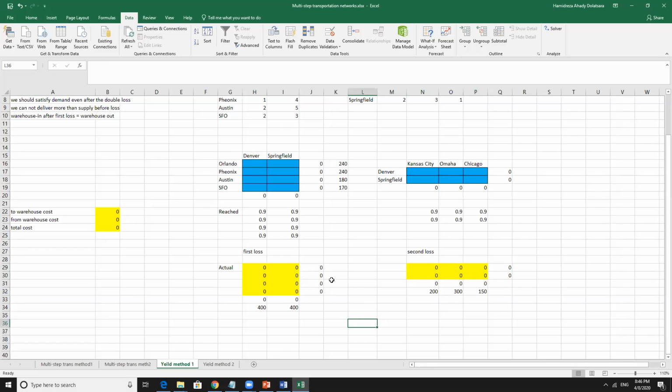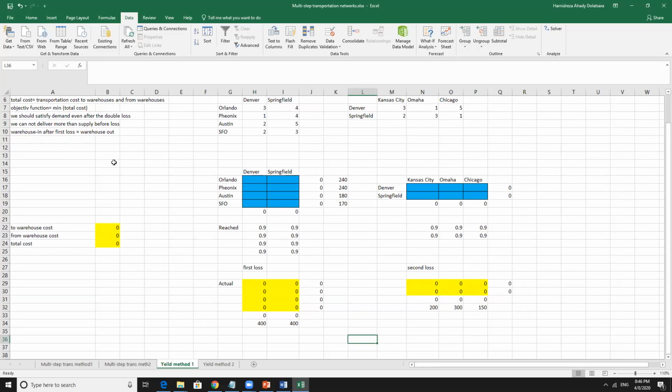But the limitations are now a little different. Basically, we should satisfy demand after the double loss, because whatever you send from supply to the customer will be lost two times, each time losing 10%. We cannot deliver more than the supply before loss, so whatever you produce here shouldn't be more than your actual supply.